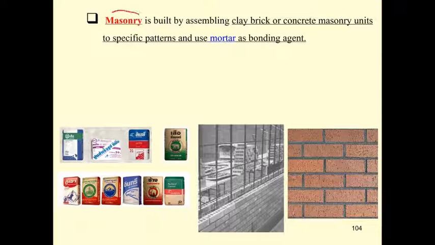Masonry is a kind of structure that's built by assembling clay brick or CMU or lightweight CMU in a specific pattern, by using mortar as the bonding agent between them. This is an example. This is the mortar that's used to bond the bricks together, and then after that, they work as one single unit.